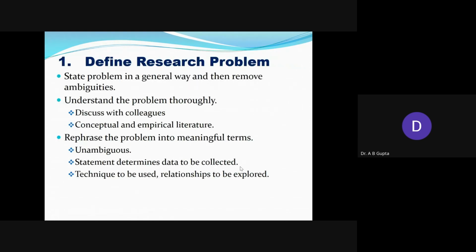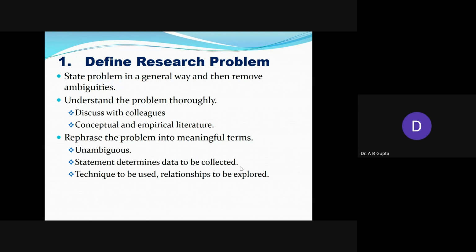Here again, I am telling you that initially you state it in a general way, and then if there are any ambiguities, you remove them, you fine tune it. Whenever you have to define the problem, it is important that you understand it thoroughly, and you can discuss it with your colleague, or with anyone from society. You have certain literature.